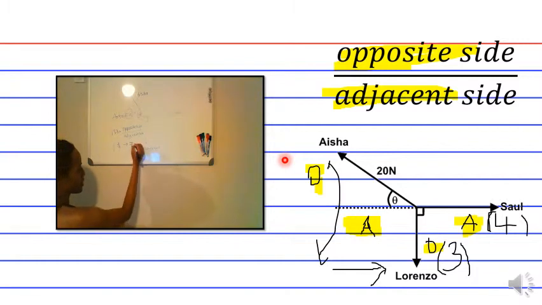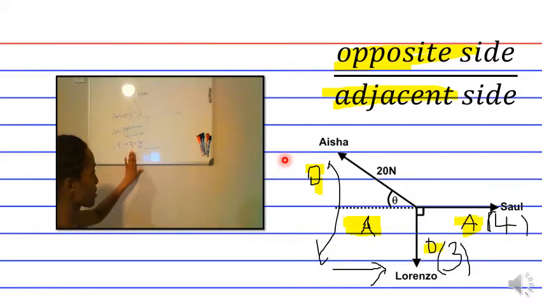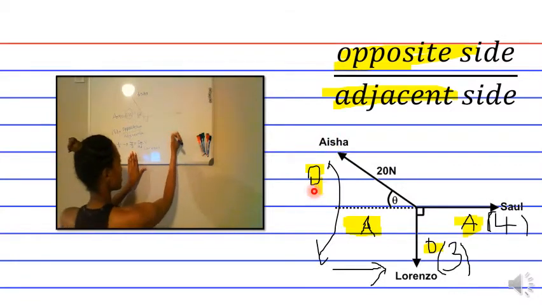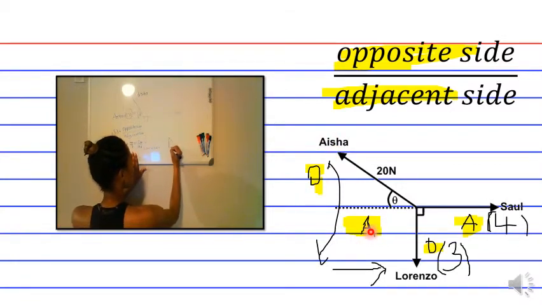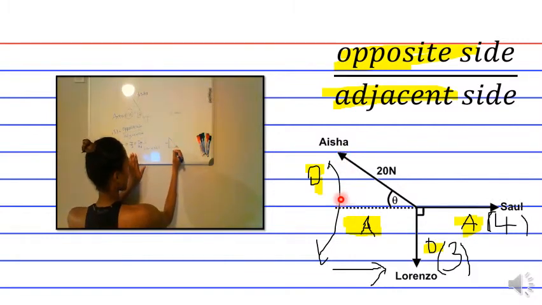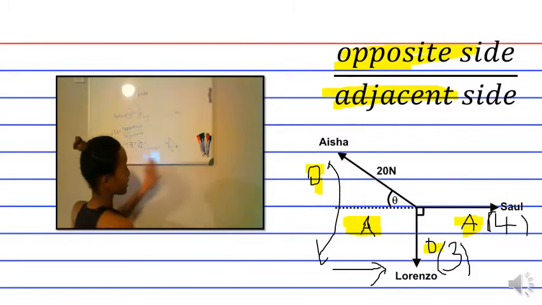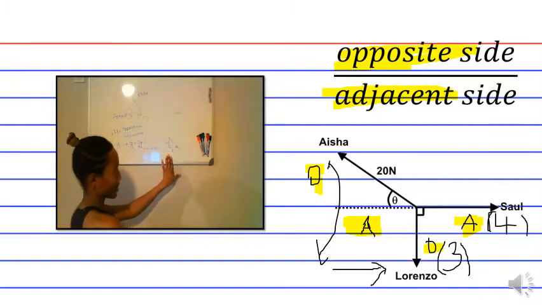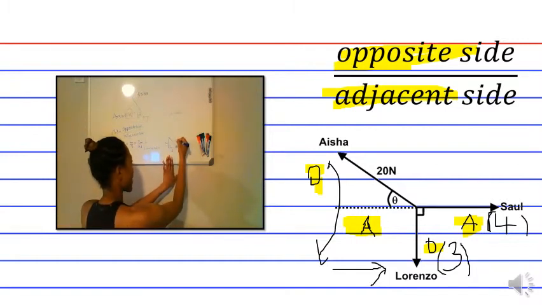So basically, 4/3 equals the opposite side over the adjacent side. We also know that a right triangle with opposite 4 and adjacent 3 is a 3, 4, 5 triangle. So therefore the hypotenuse is 5.